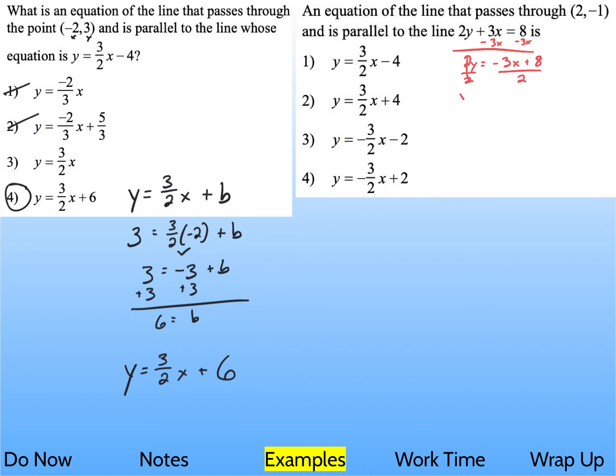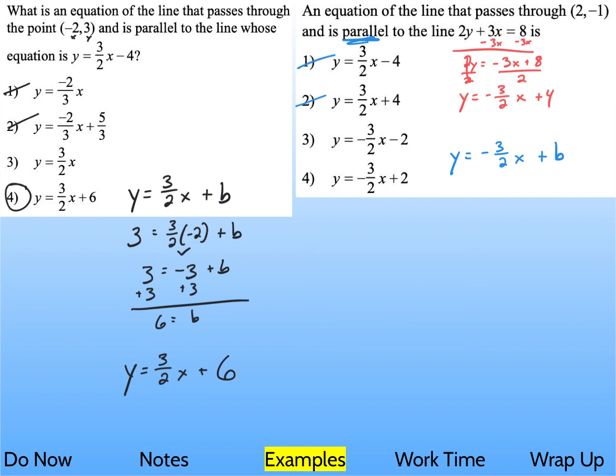So the original equation that we're starting with is y equals negative 3 over 2 x plus 4, which means the equation that we want, since it's parallel to it, will have the same slope, and it'll be y equals negative 3/2 x plus whatever our y-intercept is.